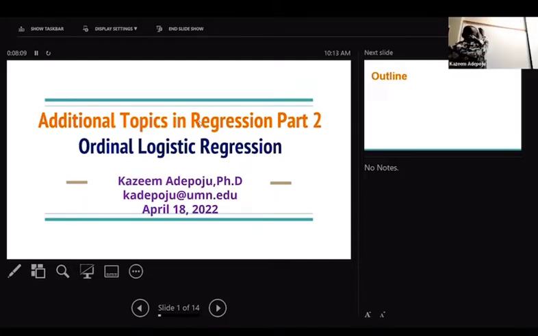Basically, I'm going to call them variants of logistic regression, just like the variants of COVID. You have the conventional COVID, and other variants like Omicron, Delta, and so on. We also have variants of logistic regression.